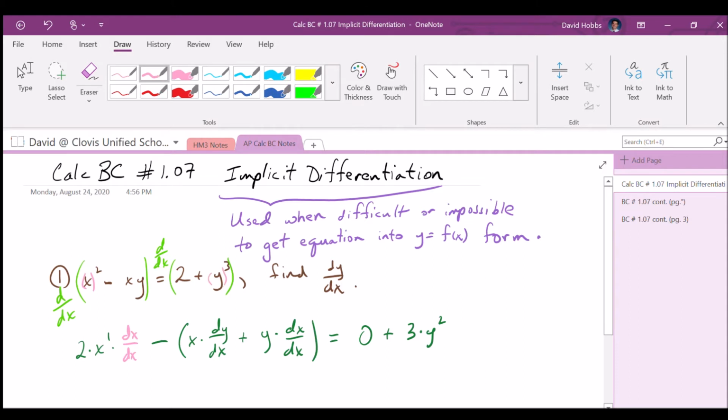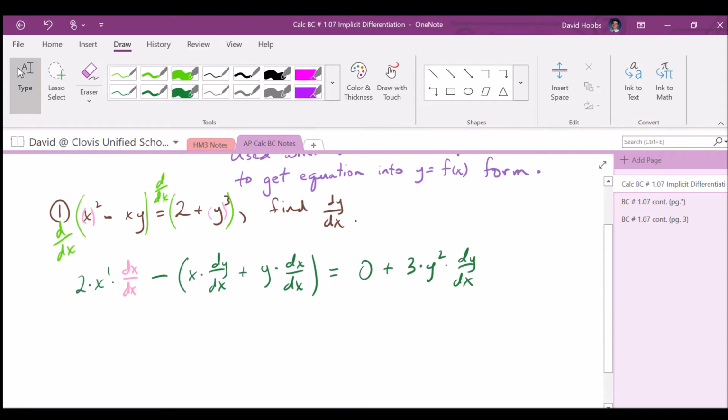Now the guts is whatever's on the inside of that power, so times the derivative of y with respect to x. Okay, now we are trying to find dy dx, so it's good that we got at least one dy dx in there somewhere. Okay, let's clean it up.